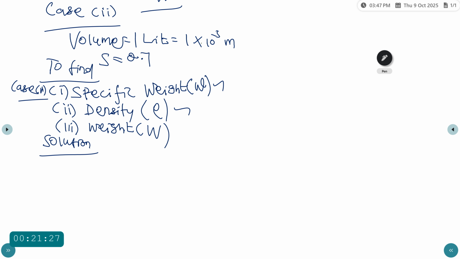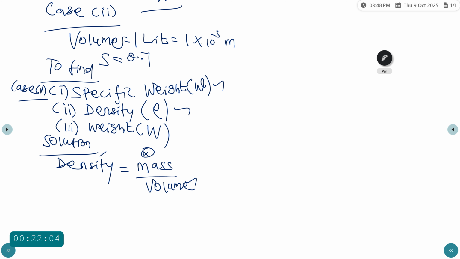First to find is density. What is the density formula? Density is mass by volume. What data is given? Only volume is given, mass is not, so we cannot determine it directly.